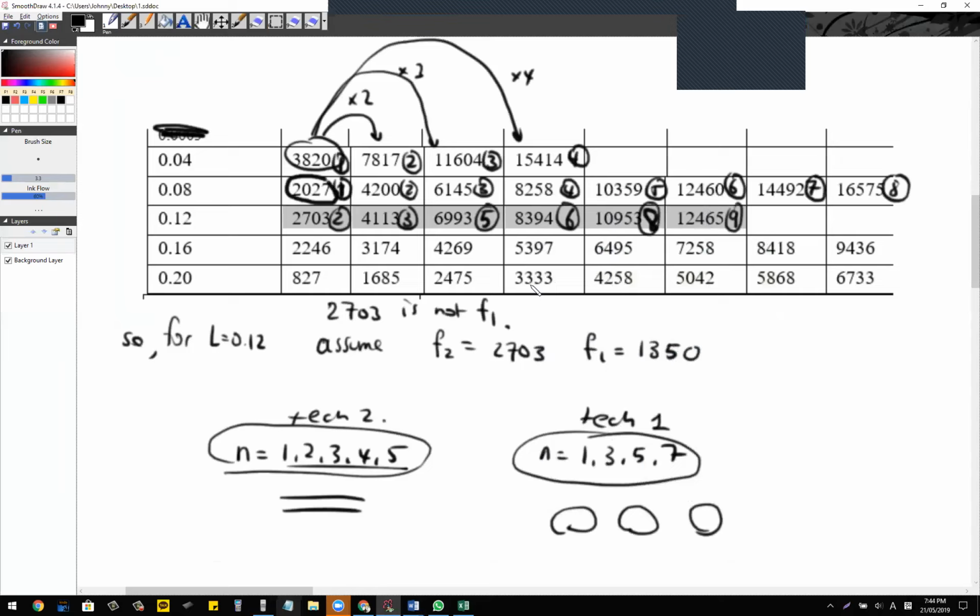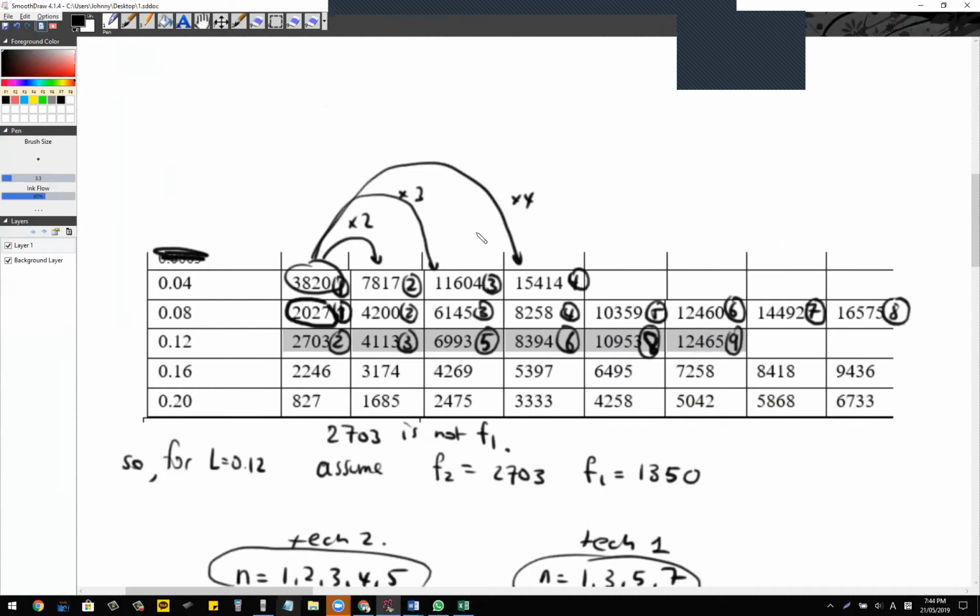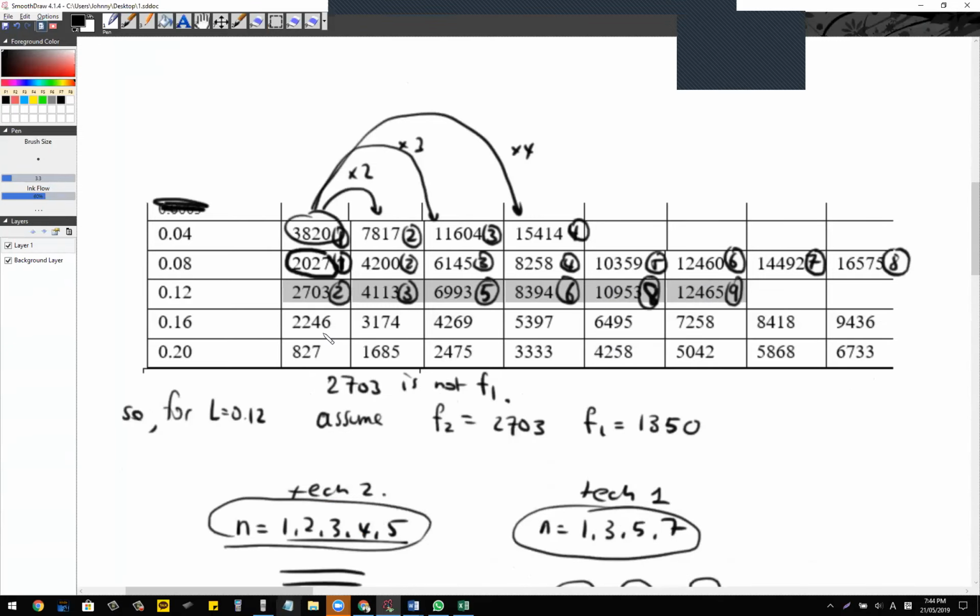And it's easier to figure out what the n is for each one of those. Much easier to figure out the n's. We don't actually need this cheat sheet for this one. So obviously this is not going to be the F1.